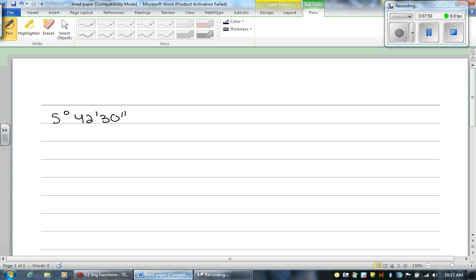Okay, so what I know is that this is equal to 5 degrees plus 42 minutes plus 30 seconds. What we're going to do is take that 30 and divide it by 60 so that we're able to adjust it to minutes.